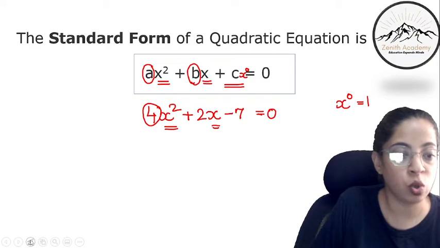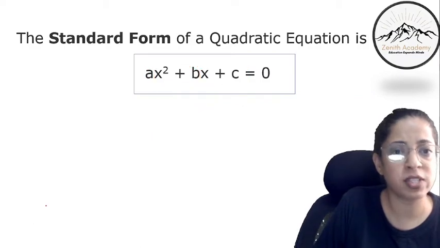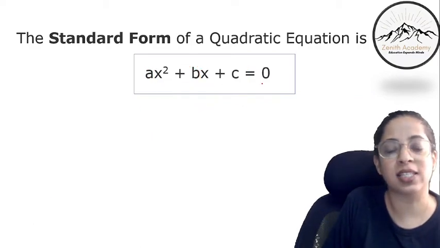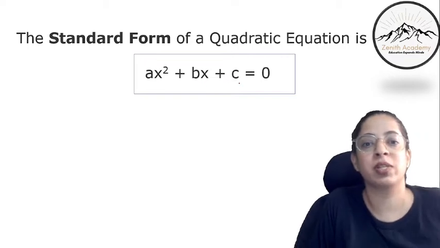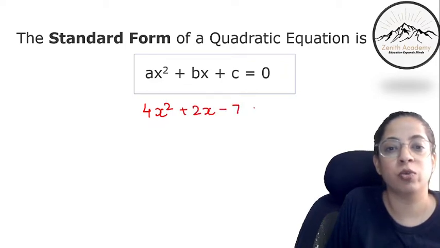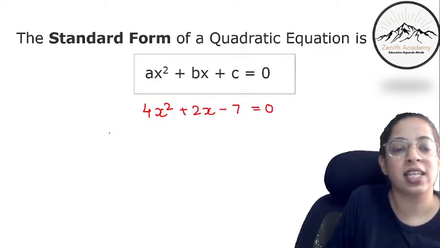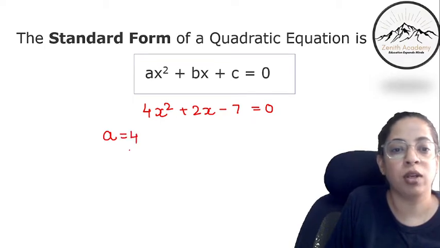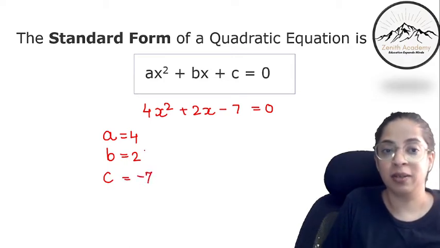So my dear students, if you compare this statement ax square plus bx plus c equal to 0 with this 4x square plus 2x minus 7 is equal to 0, then in this case a is equal to 4, b is equal to 2, and c is equal to minus 7, isn't it?